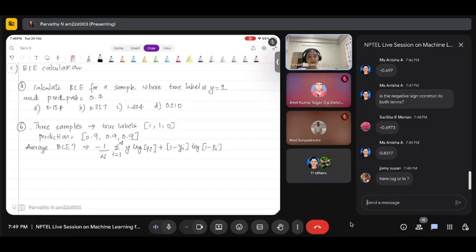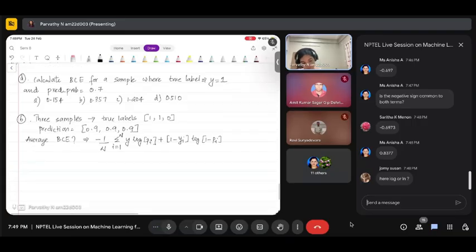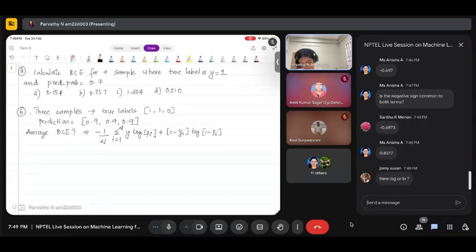It's a natural logarithm. So it's just a substitution question. You just have to substitute the values in the formula.